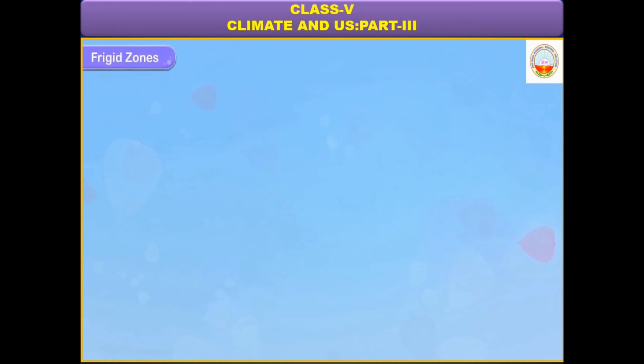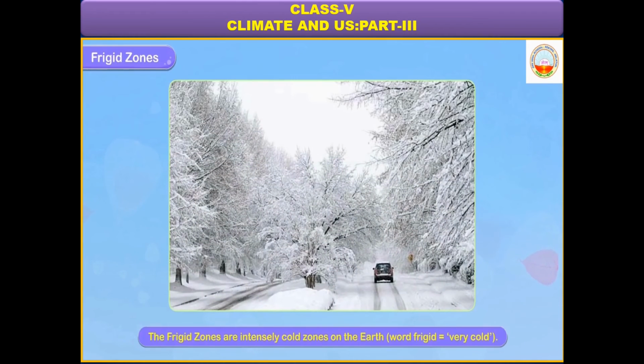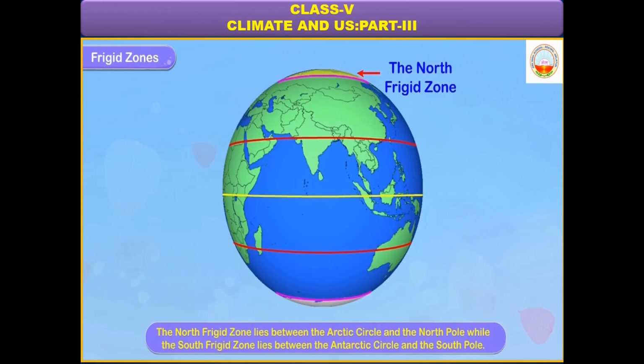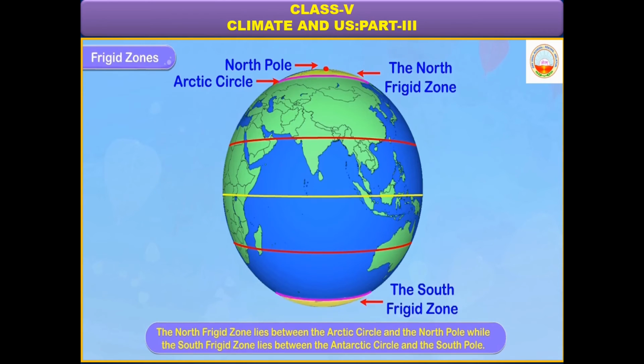Now let us see the third zone, frigid zones. The frigid zones are intensely cold zones on the earth. The word frigid means very cold. The north frigid zone lies between the Arctic Circle and the North Pole, while the south frigid zone lies between the Antarctic Circle and the South Pole.